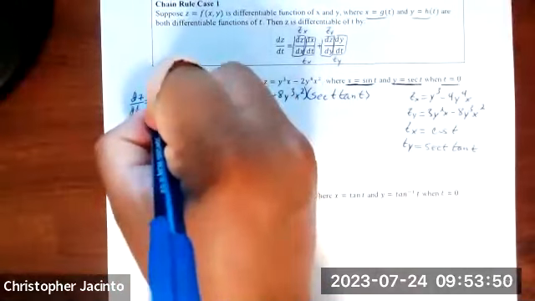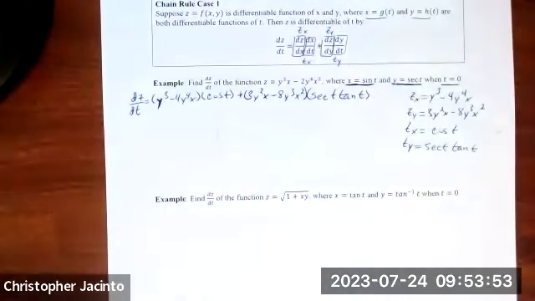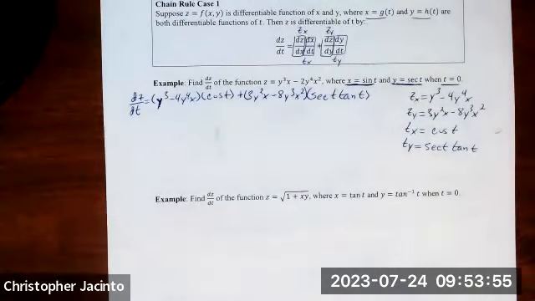So that's our general derivative. But the good thing is we want it at the point t equals 0.